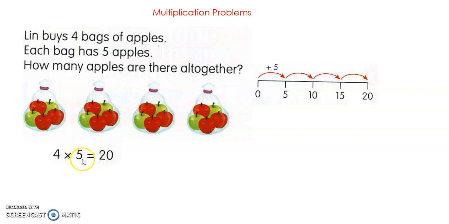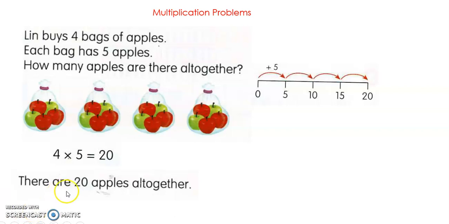This is because when we learned the times table for 5, we said that 4 times 5 equals 20. So if we just count all the apples here, there will be 20. So there are 20 apples altogether.